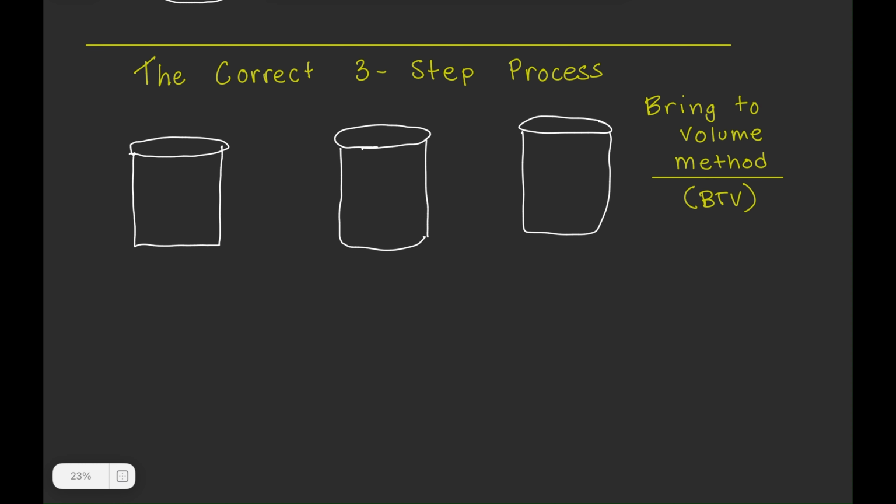So we will come to our first graduated cylinder, and let's put these graduation marks, and we'll say that this is 100 here. The first thing we're going to do, in step one, is a partial fill.